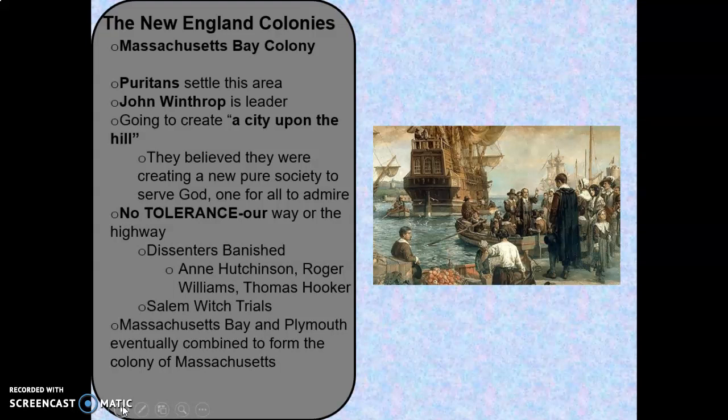It's our way or the highway, so you're going to have a lot of dissenters, people who disagreed with the Puritan church. Anne Hutchinson will be one. Roger Williams, 3 years before her, was forced out. And Thomas Hooker, who creates Connecticut. The Salem witch trials happened in this colony. Massachusetts Bay and Plymouth will eventually combine to form Massachusetts.